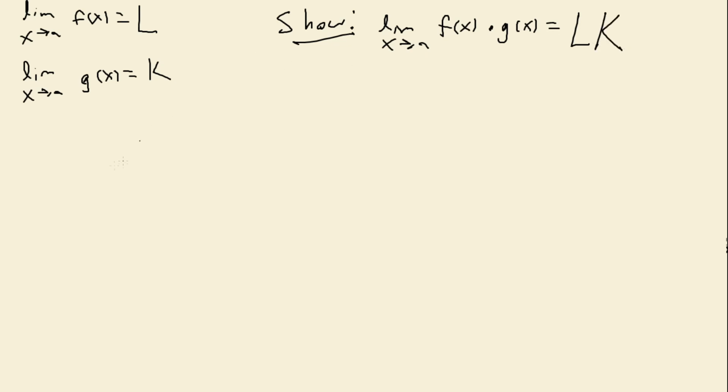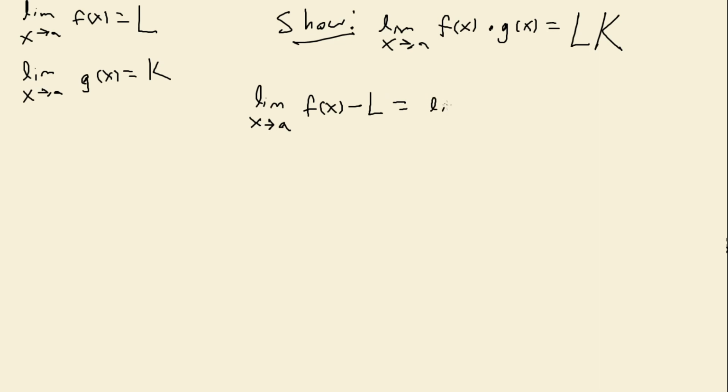So there's going to be a couple parts to this. The first step is, if we know that the limit as x approaches a of f of x is equal to L, then we should know that the limit as x approaches a of f of x minus L, we just showed that the limit of this is equal to the limit of this minus the limit of this from our subtraction property.